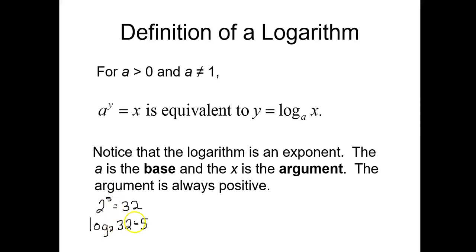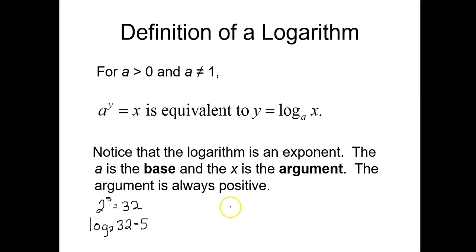So these two are equivalent. 2 to the 5th is 32. If you multiply out 2 5 times, you get 32. But you can also write it in logarithm form by saying log base 2. The base 2 from the exponential equation is the same as the base 2 in the logarithmic equation. The log is an exponent, so this exponent 5 is what the log equals. And then this 32 here is the argument of the logarithm.